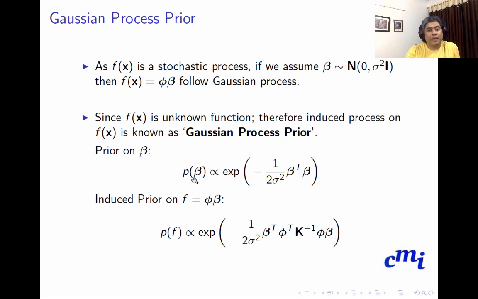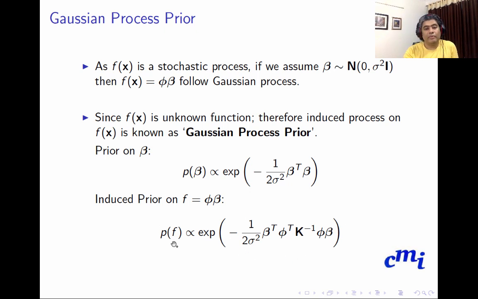So the prior on beta is basically normal 0, sigma square, the kernel of the standard normal distribution. And this induces a prior on f, because f is phi of beta and phi is completely known. Since beta is Gaussian, the prior induced on f will also be Gaussian, effectively a multivariate Gaussian distribution.